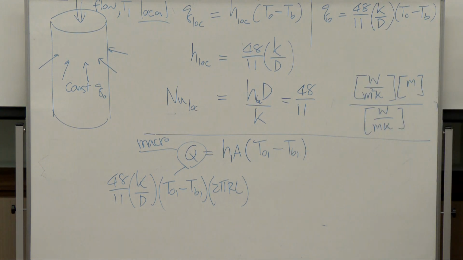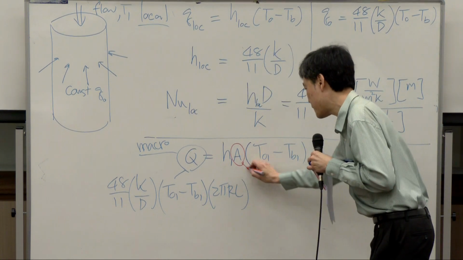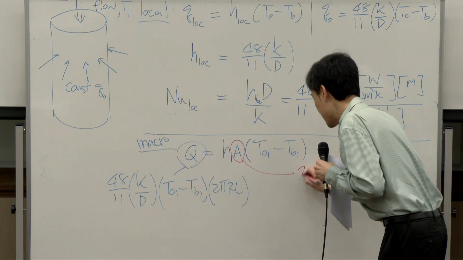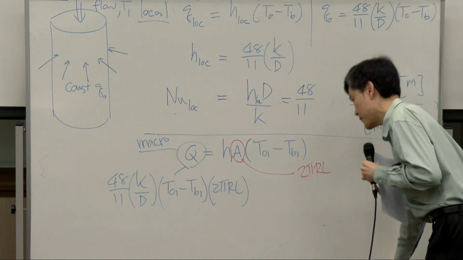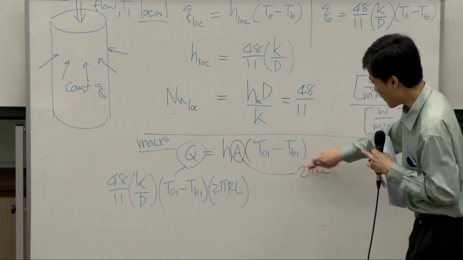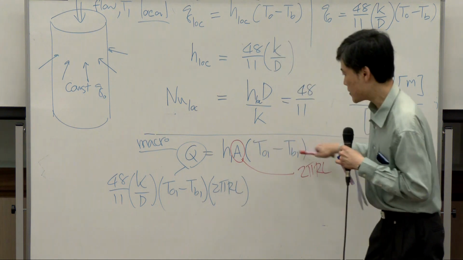And note that this area is the total heat transfer area, which is 2 pi RL. All right? So 2 pi RL here and there cancel out, and this delta T cancels out.